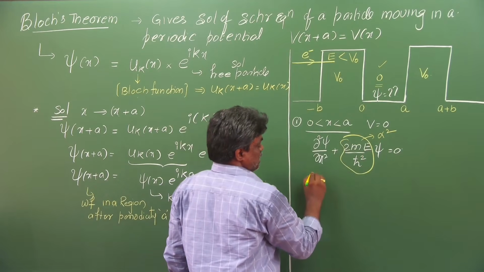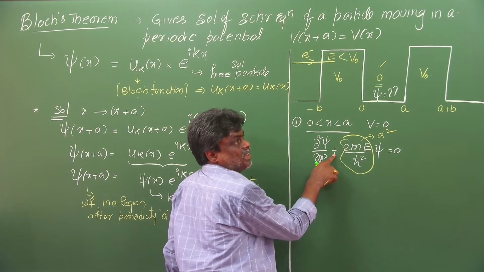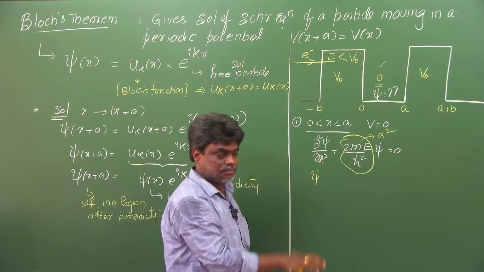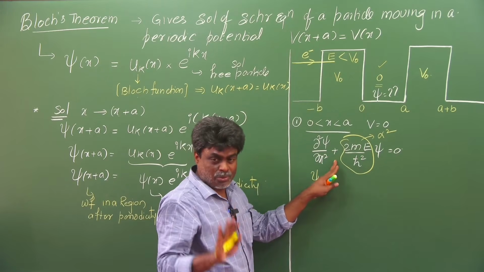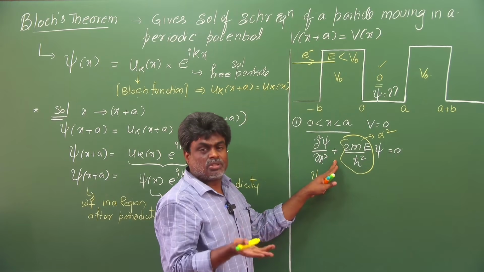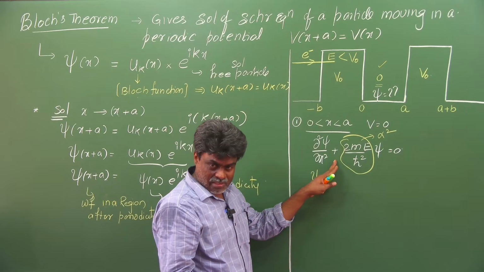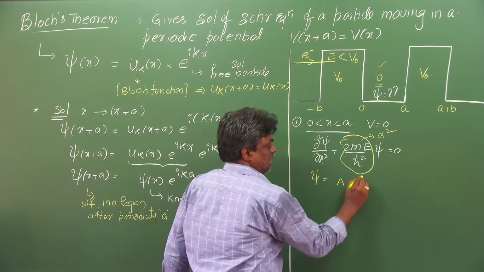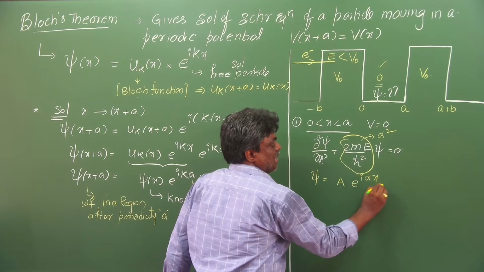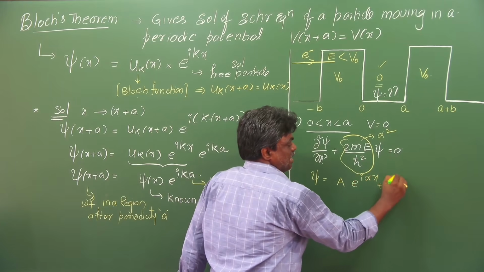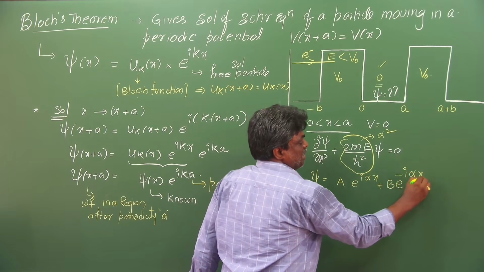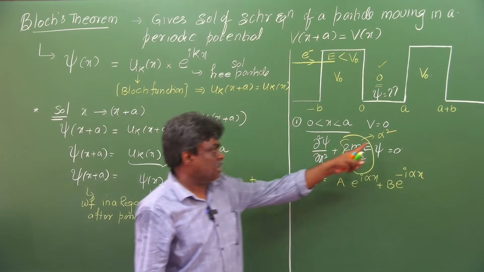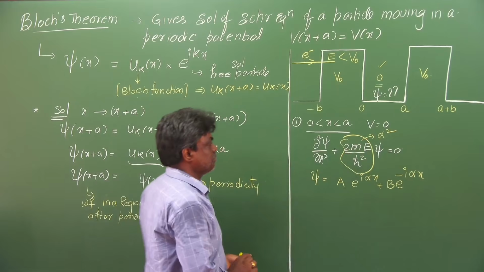Shall I write the solution with plus or minus? Then the solution is sinusoidal or exponential? psi equals A e raised to alpha x plus B e raised to minus alpha x, the same as ikx and minus ikx. Here we have taken alpha square.